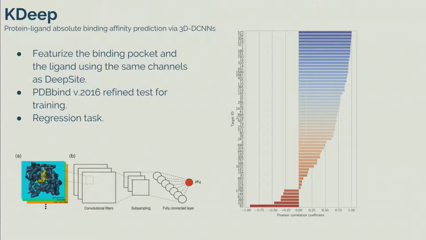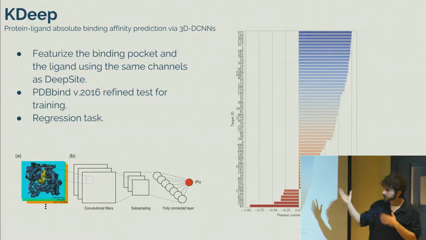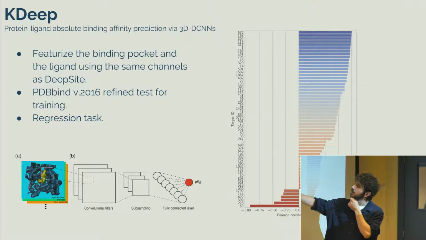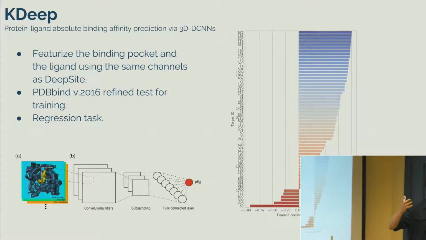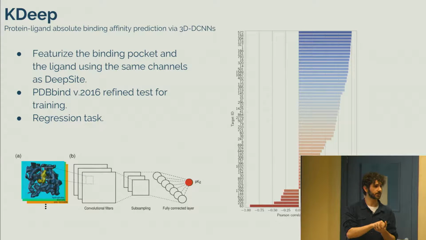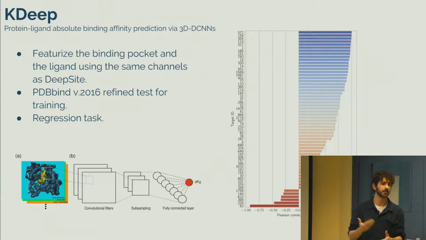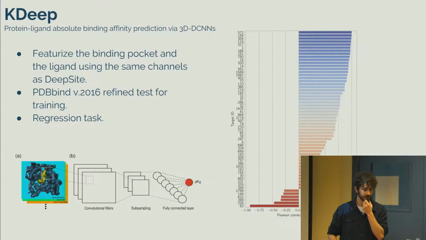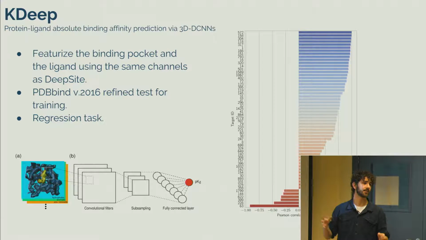It's a measure of how strongly it binds to the protein. It was trained on the PDBbind refined set, a database of protein and ligand structures, curated for only those structures that are correct and accurate and useful for these tasks, and which also have experimental data, so we can train these algorithms on experimental data.